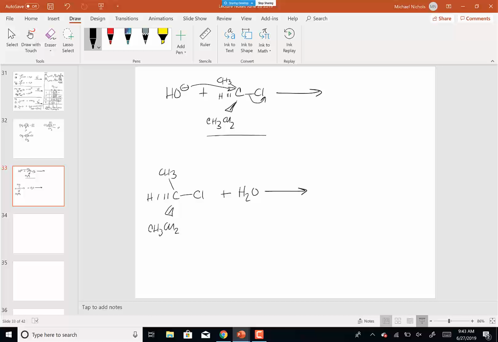That's the first thing that you have to have for that mechanism: this pair of electrons going to the carbon, and that pair of electrons going to the chlorine. The transition state then is going to have a dotted line to the carbon and a dotted line to the chlorine. So in the trigonal bipyramidal transition state, the OH and the Cl are linear.